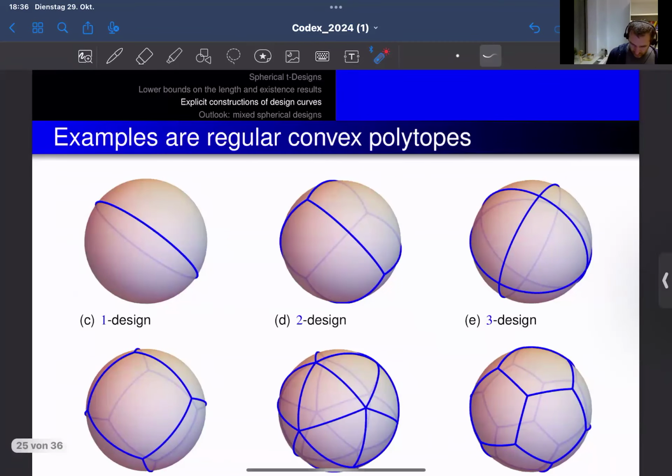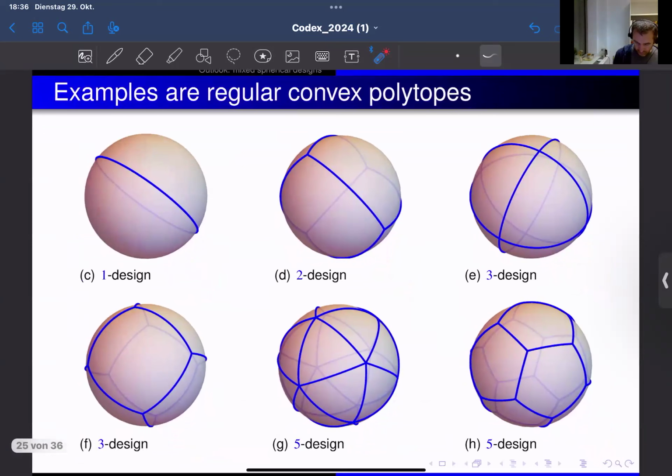Before I prove it, I would like to show you the immediate examples. Let's forget about the great circle, but let's start with this one. This is actually the regular simplex. It has 4 vertices, and now I connect them by an arc.